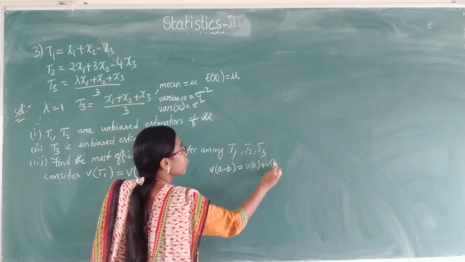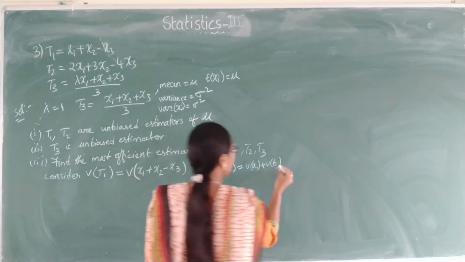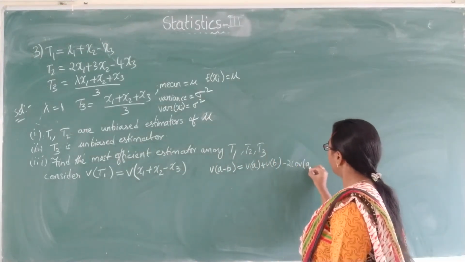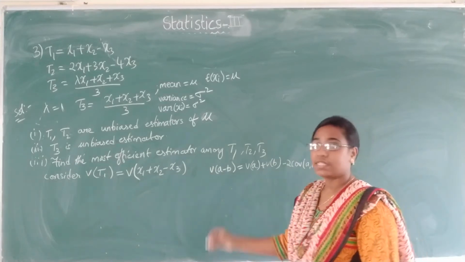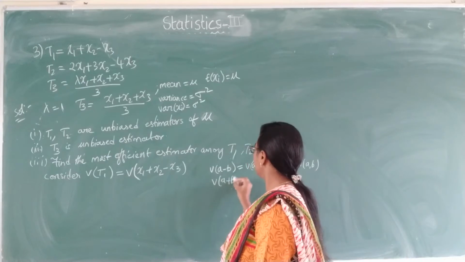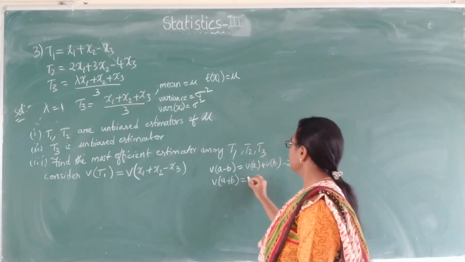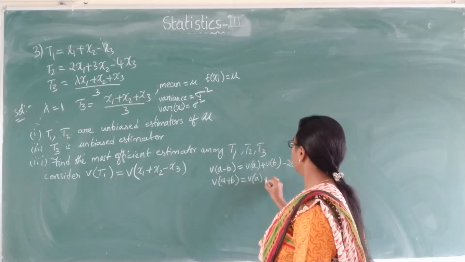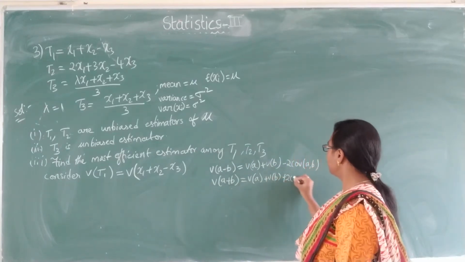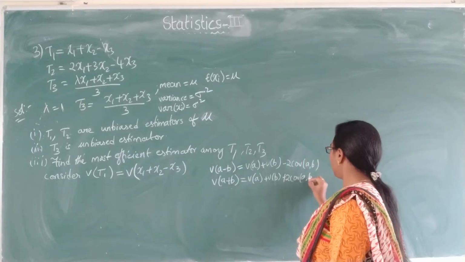If you have a minus b, you will have variance of a plus variance of b minus 2 into covariance of a comma b. Similarly, variance of a plus b equals variance of a plus variance of b plus 2 into covariance of a comma b.